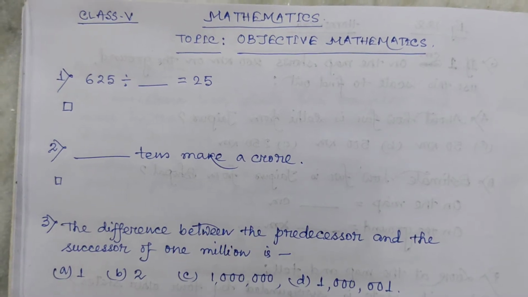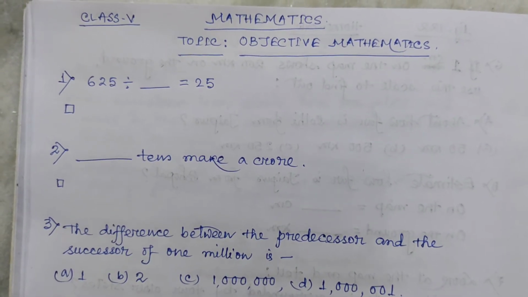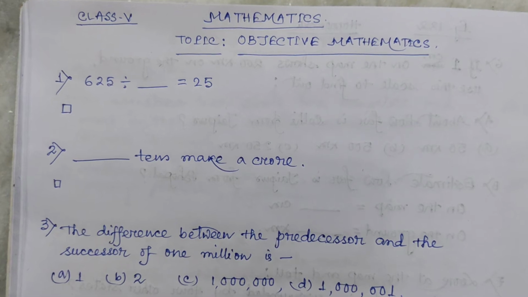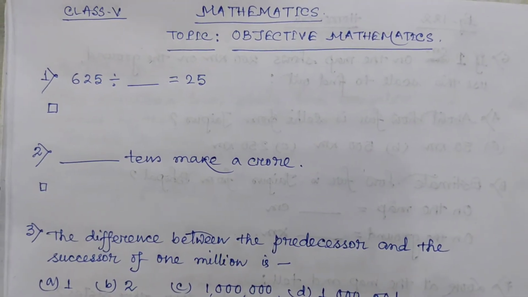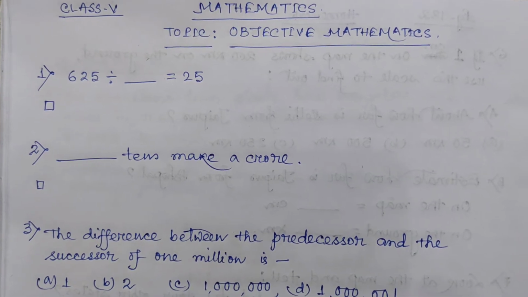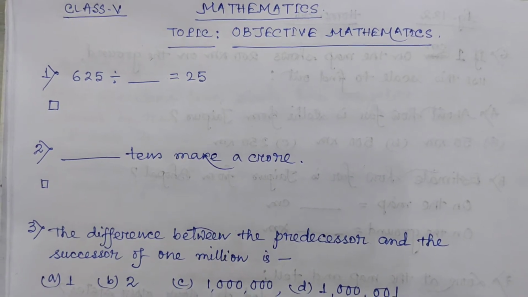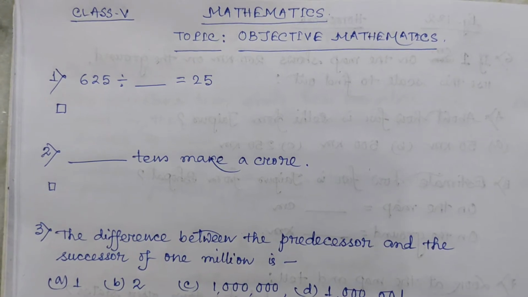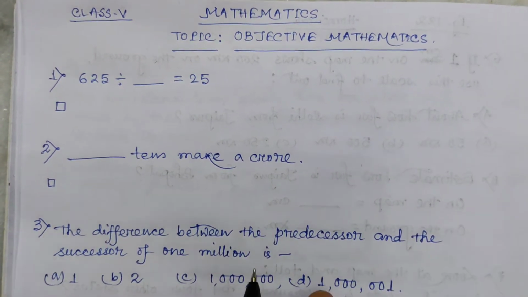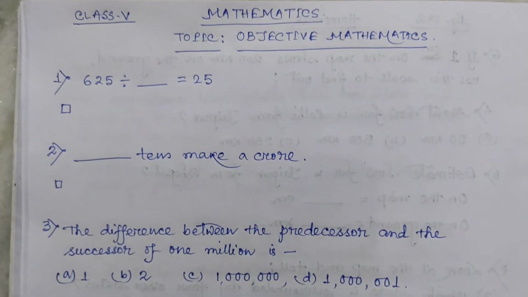Number 1. 625 divided by what equals 25? Here 625 is the dividend. We have to find the divisor, and the quotient is 25. So just divide 625 by 25.